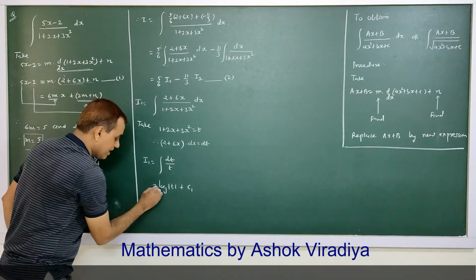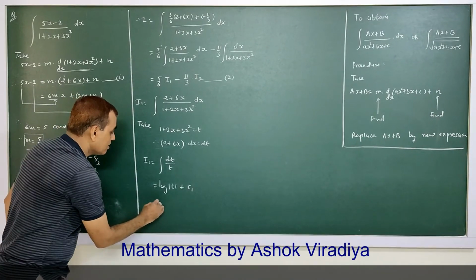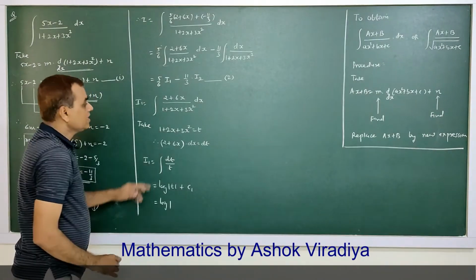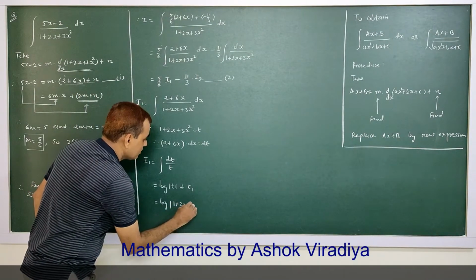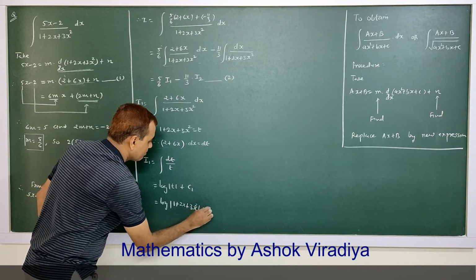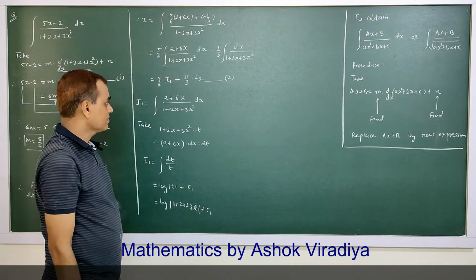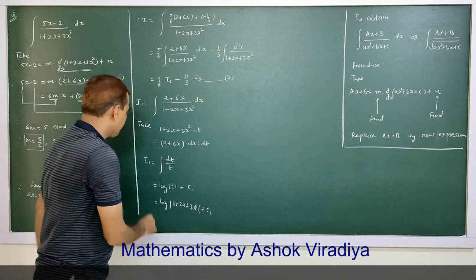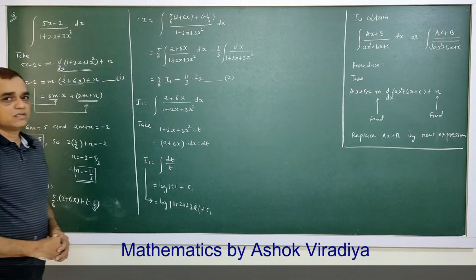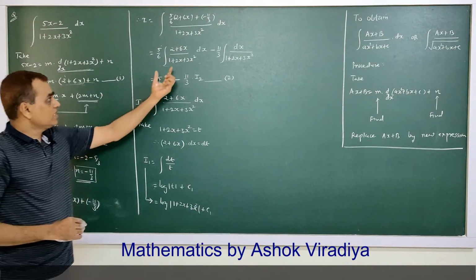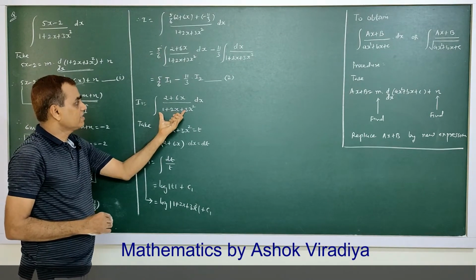Now value of t is 1 plus 2x plus 3x square plus c1. This is value of I1. So this part is calculated.